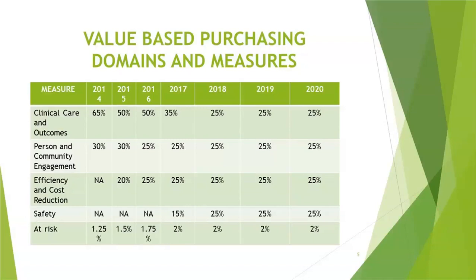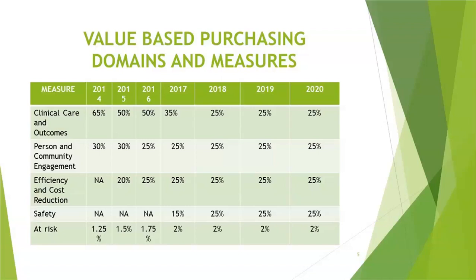So because the efficiency measure falls under our value-based purchasing domains and measures, just to refresh ourselves, right now we have 4 categories under value-based purchasing, and the one we're talking about today is your third there, efficiency and cost reduction. So what CMS essentially was saying was, in addition to outcomes and how you provide clinical care and whether or not patients are satisfied and whether they're safe, we're also going to tell you that you've got to start managing your cost.